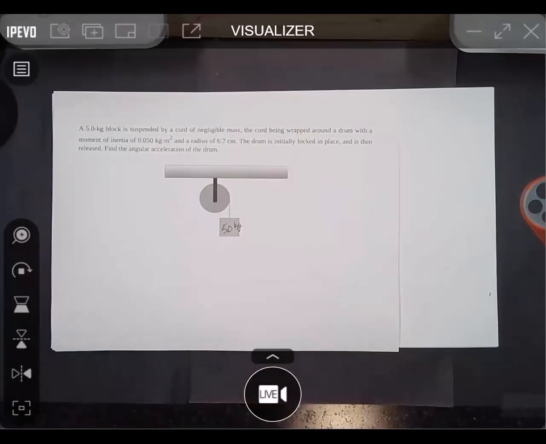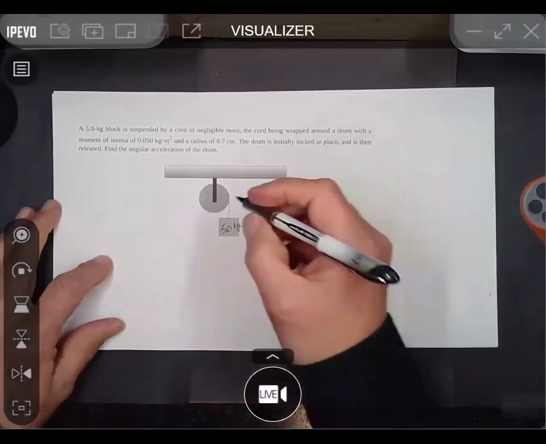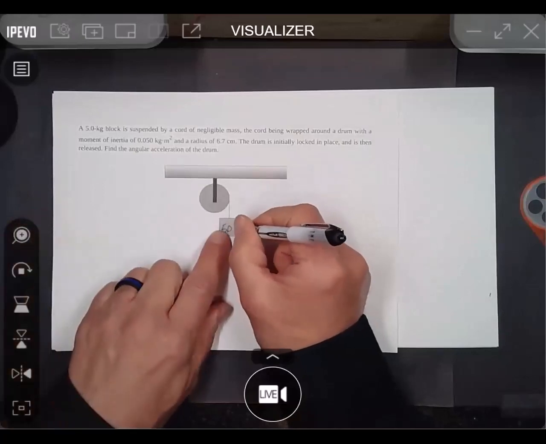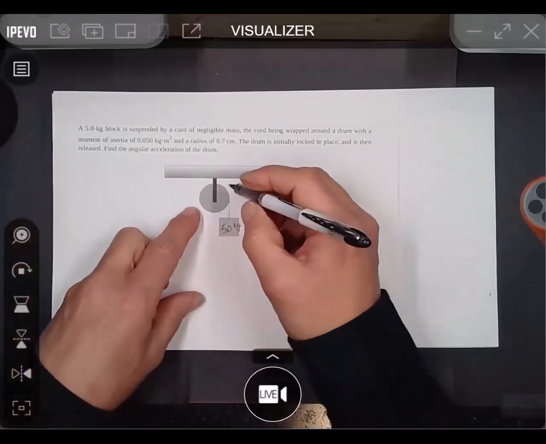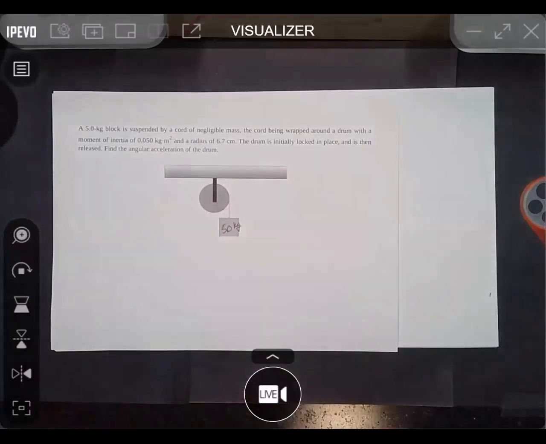Okay, well, I'm going to have to do something similar to what I did last time, and that is make a free body diagram for this thing, make a kind of free body diagram for the drum, although on those, we don't treat them as a point particle, we treat them as a round thing.